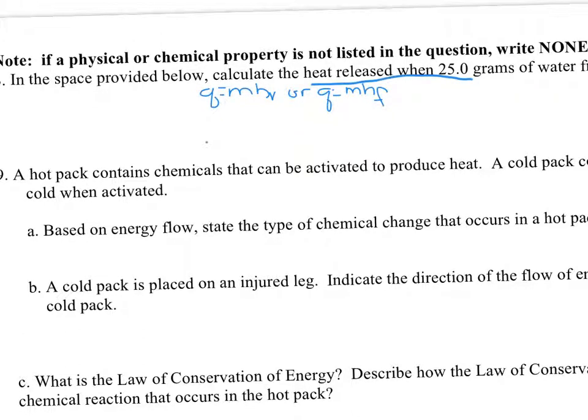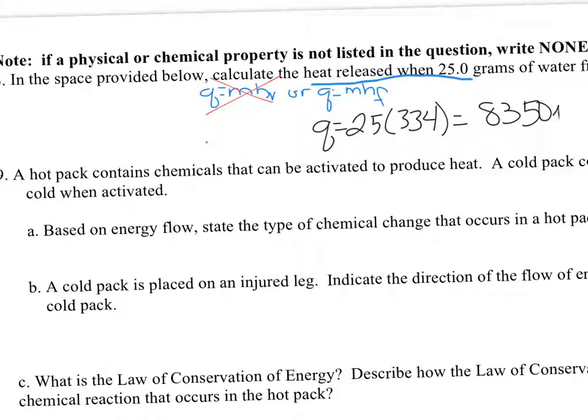And the easy answer here is to say we're not dealing with a gas, so it is not vaporization. So what you will do is take Q equal to the mass, 25, times the constant of heat of fusion, which is 334, and you will multiply that out, and you will get 8,350 joules.